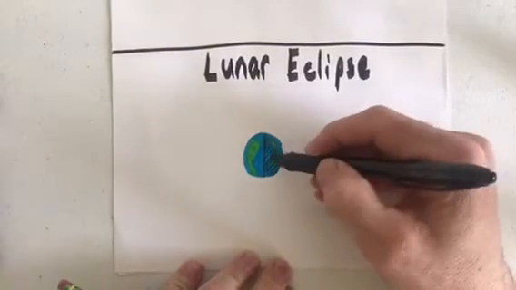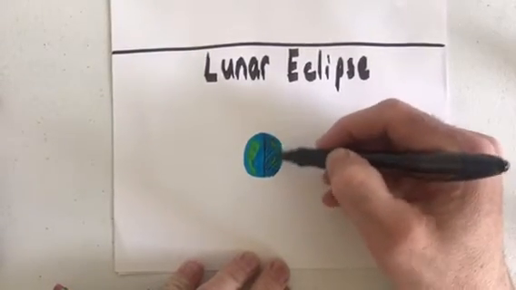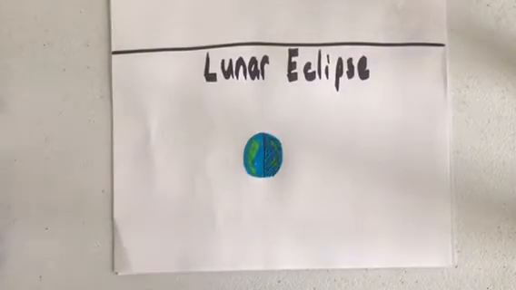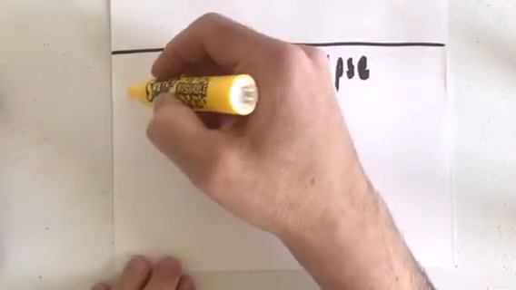We know that half of the Earth is receiving nighttime at all times, and half of the Earth is in the sunshine. So over here we're going to draw our sun.